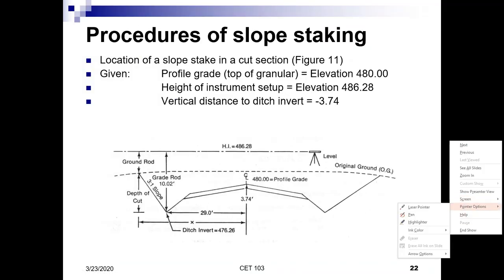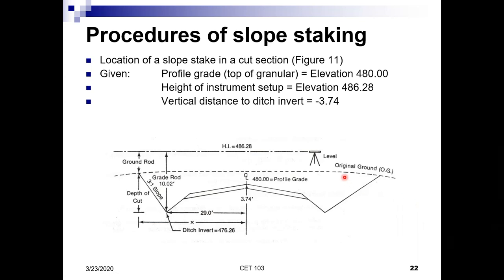I am going to begin by talking about the concepts of slope staking. First of all, you will notice from the slides that we have a few things to draw your attention to. The dashed line that you see right here represents the existing ground.